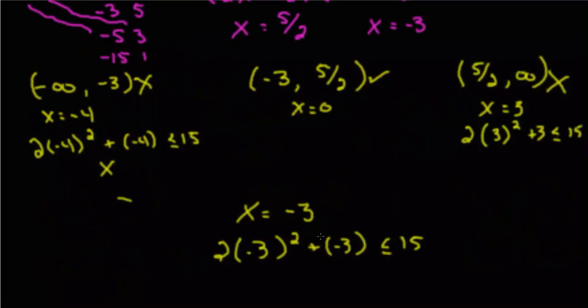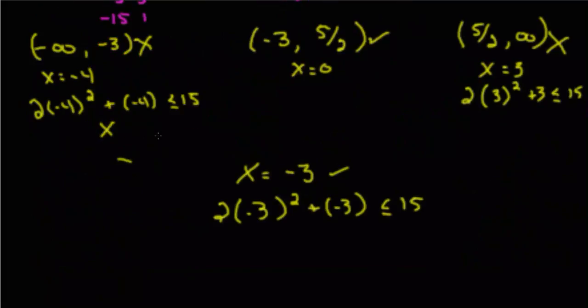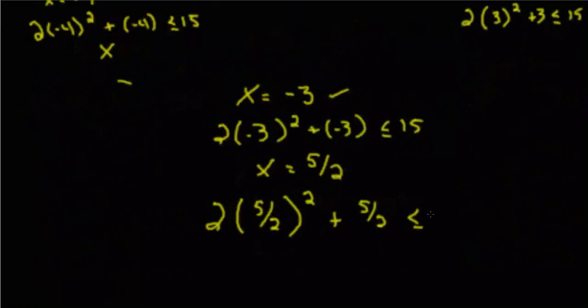And then when x is equal to 5 halves, this one will be a little bit more fun because it involves fractions. You get 2 times 5 halves squared plus 5 halves. Is that less than or equal to 15? Well, 5 halves squared gives us 25 fourths.